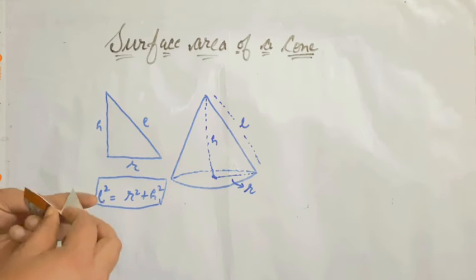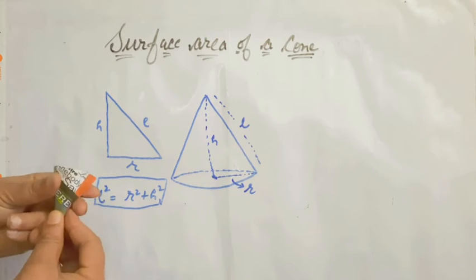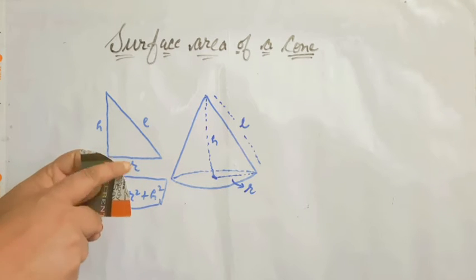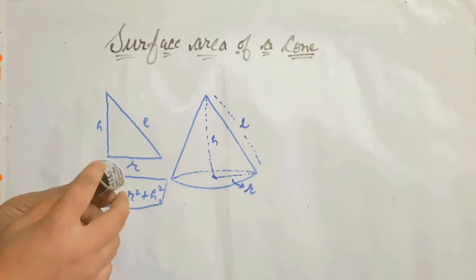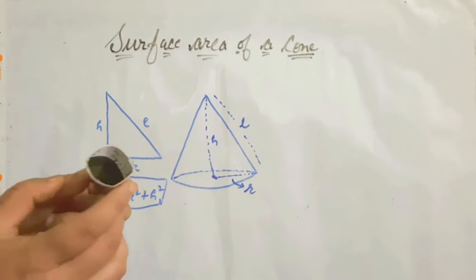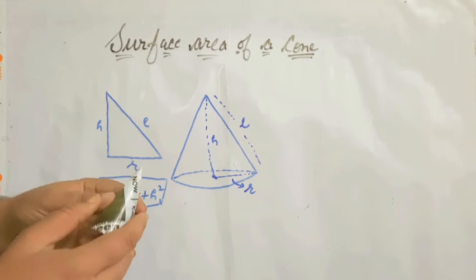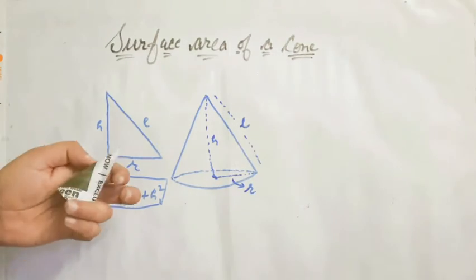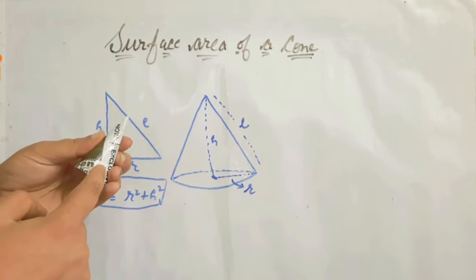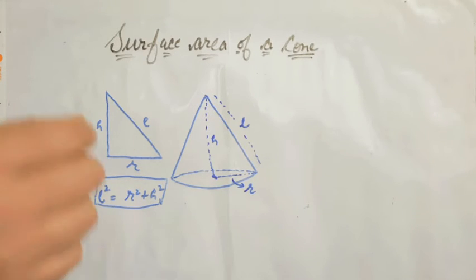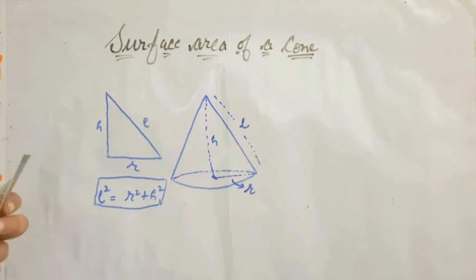I revolved it to frame a cone, and the circumference part of this quarter becomes the base, which is a circle, and the radius of this quarter becomes the slant height. Now I take this quarter again and cut it into small pieces.